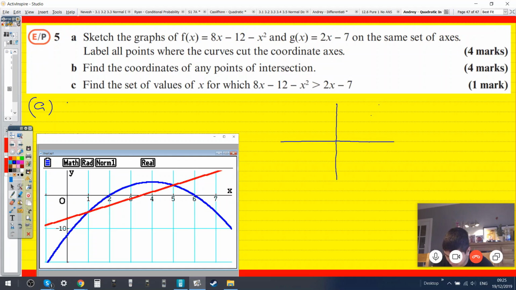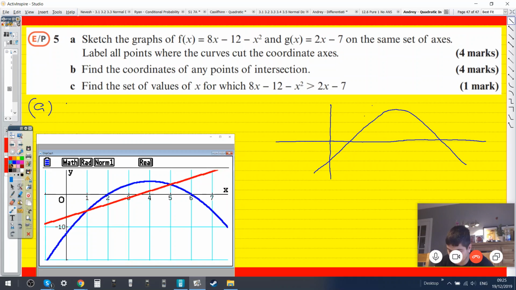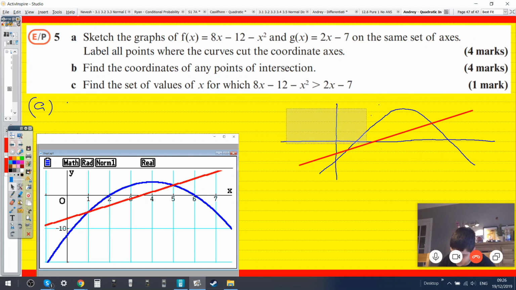Basically, just sketch what's on your calculator screen. So maybe it's a bit like that. Okay, what do you have to include in your sketch?